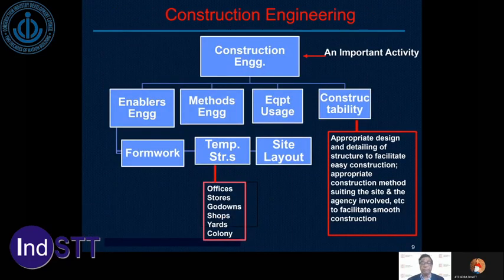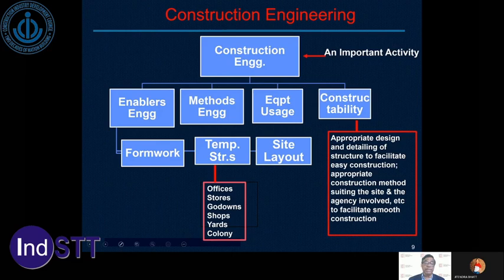Construction engineering is an important activity which is not normally realized commonly. It covers enablers engineering, for example, formwork, temporary structures, site layout. For example, a good site layout can facilitate very efficient movements inside the site and facilitate cost control and minimizing wastage.